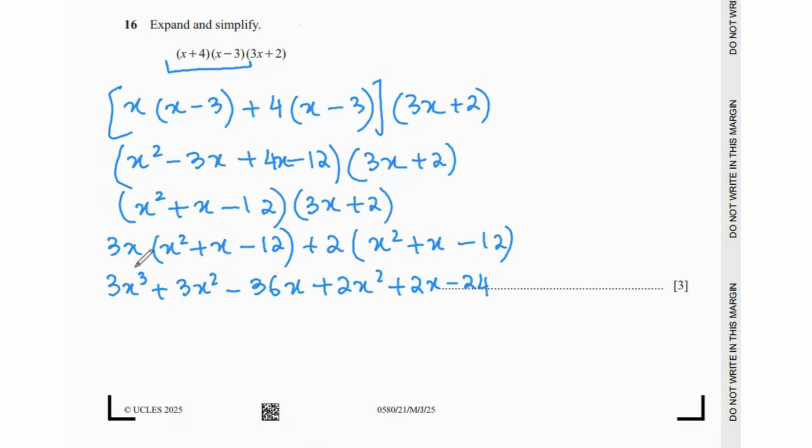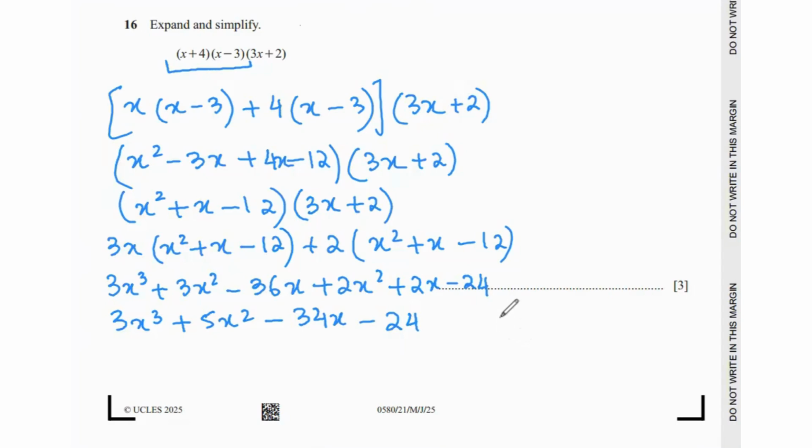Combine the like terms. 3x cubed plus 5x squared minus 34x minus 24. That is your complete expansion of this triple bracket.